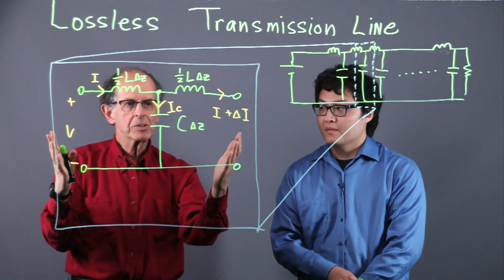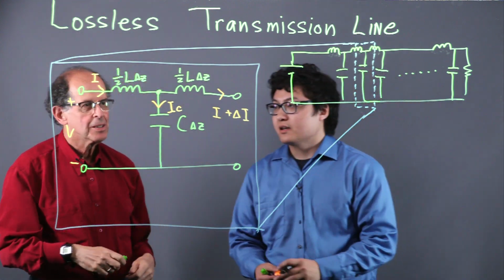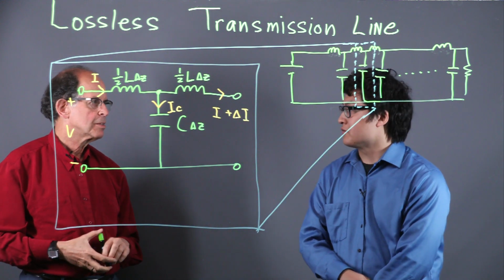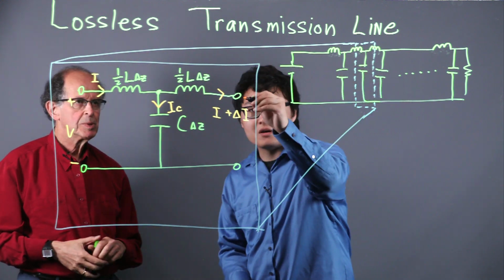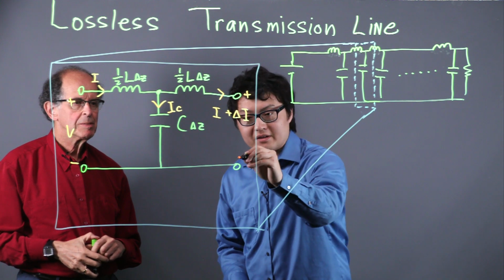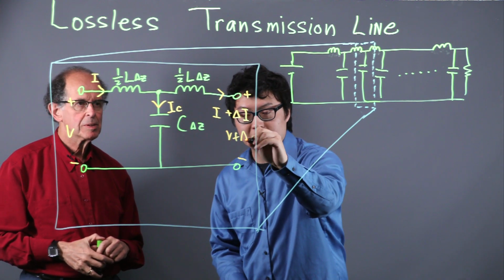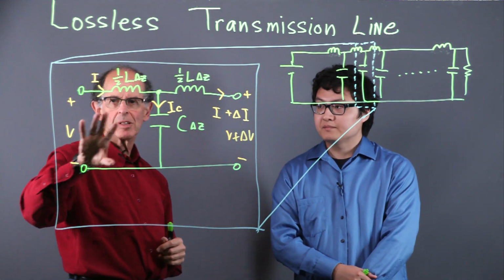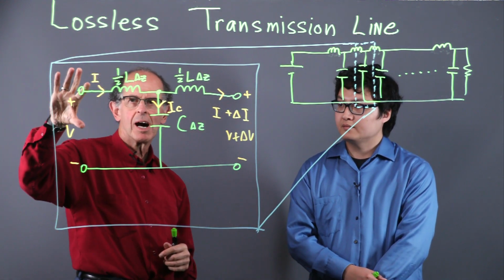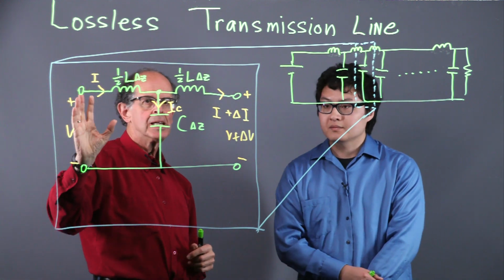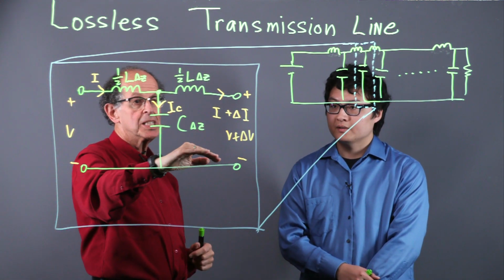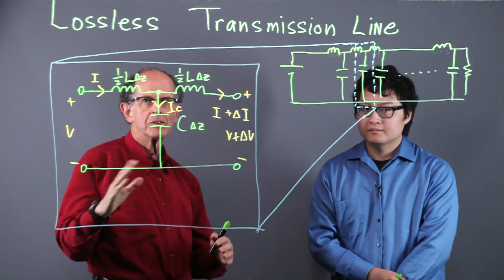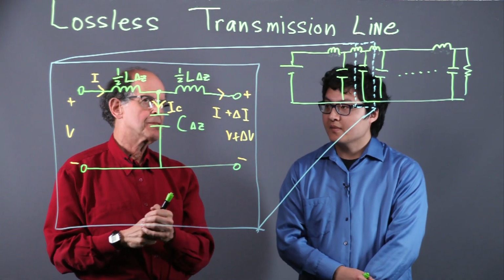Now what about the voltage drops here? Well, there is a voltage drop across the inductors, right? So let's just call it, didn't draw it too well, but V plus delta V. So our job then really to analyze this in circuits, we know what the V is here and the I, we're given that starting, and then we go through this little T element and the current changes and the voltage changes over this small length of line.